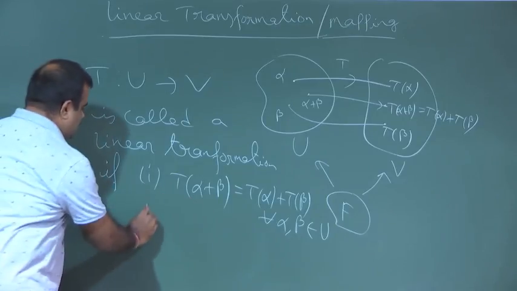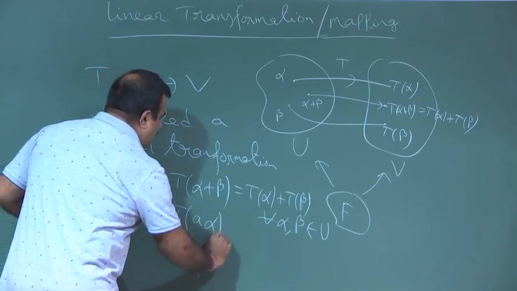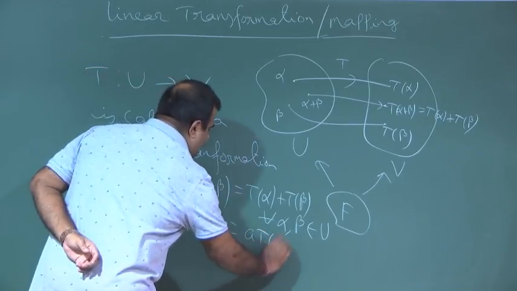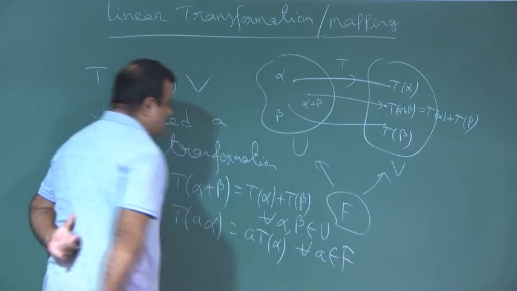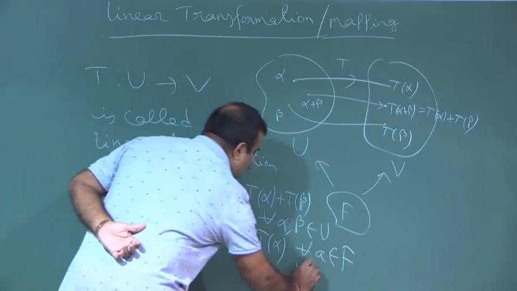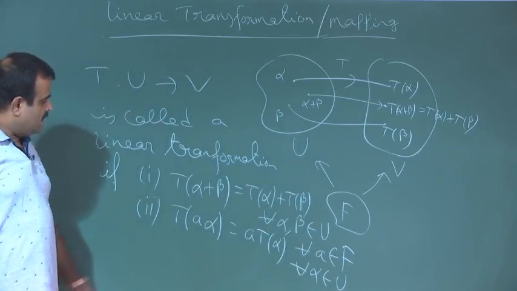Now, we have the one with scalar: T of A alpha is equal to A T alpha, and this must be true for all scalars A and for all vectors from U.